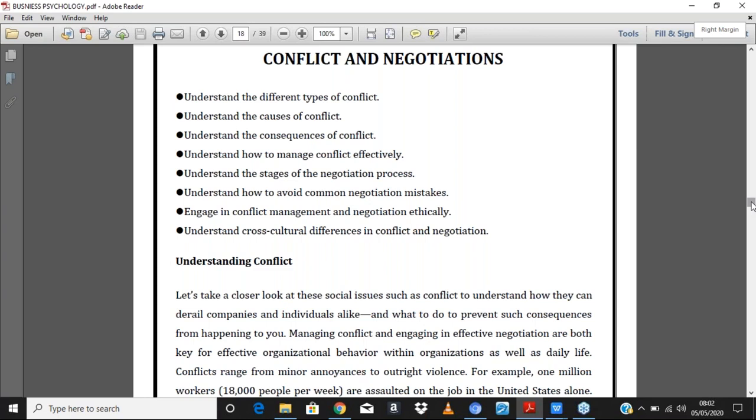So this morning we're going to be looking at conflict resolution or conflict management and negotiation. I want to look at the different types of conflicts, how we can understand what conflict is, its consequences, how to manage it, and how to understand negotiation and its processes.